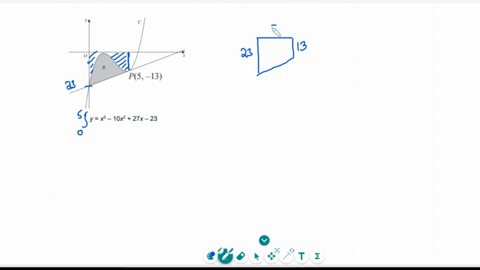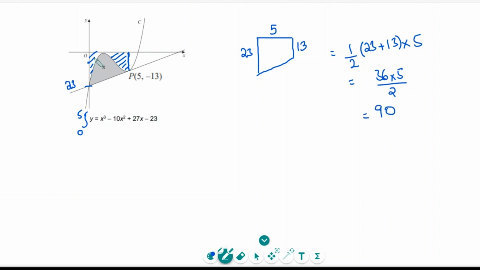So this bit is 5. So if I find the area of the trapezium, which is half times the sum of parallel sides, which are 23 and 13, times the height, which is 5. If you simplify this, this will give you 36 times 5 divided by 2, which will give you 90.